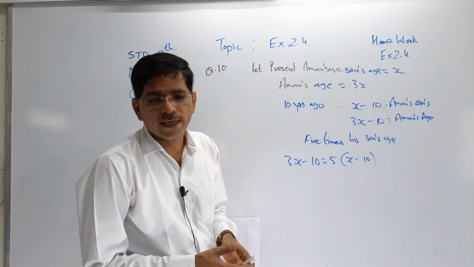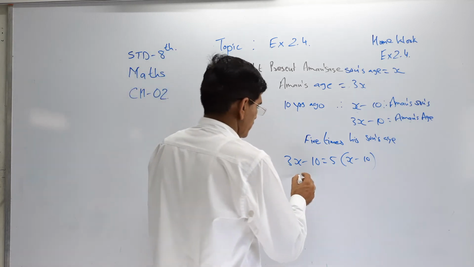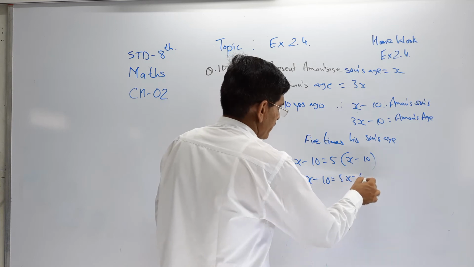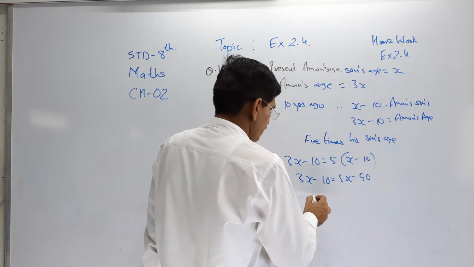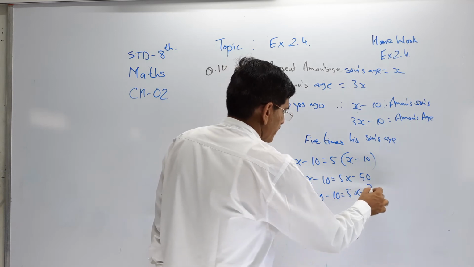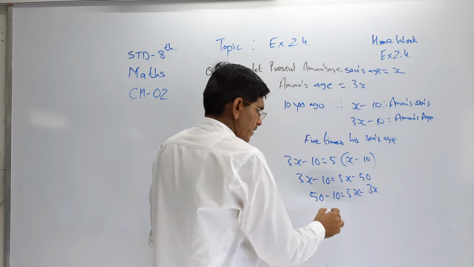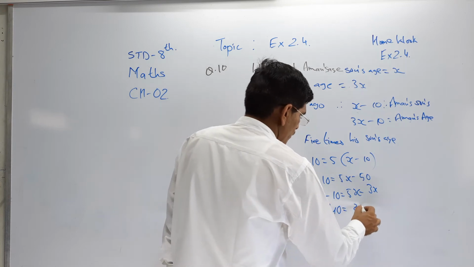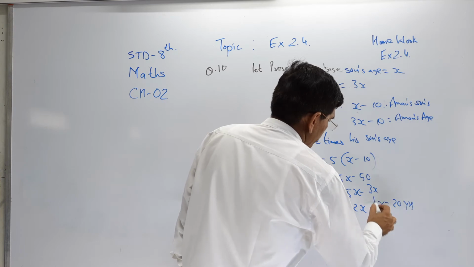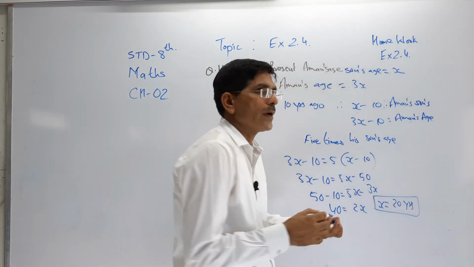If we open the bracket, we get 3x minus 10 is equal to 5x minus 50. 50 minus 10 is equal to 5x minus 3x. Therefore 40 is equal to 2x. Therefore x is equal to 20.